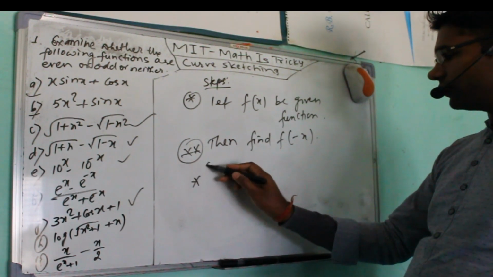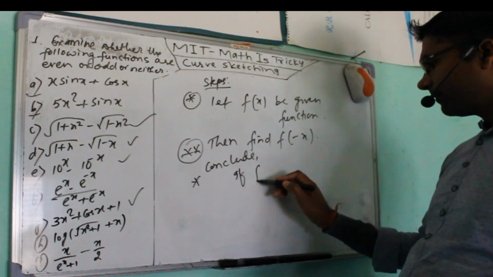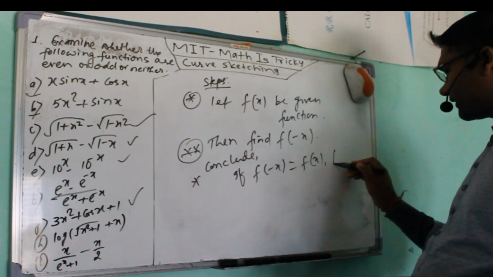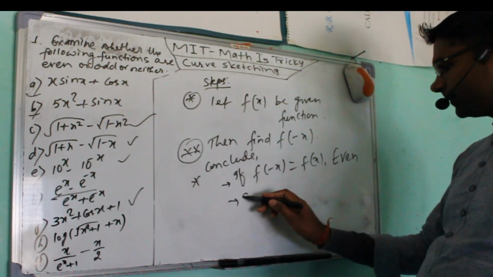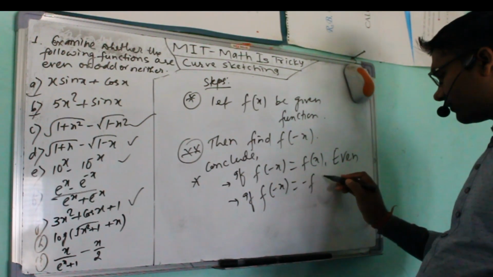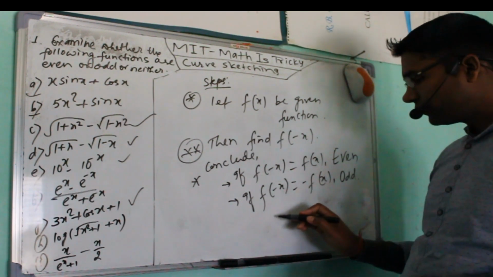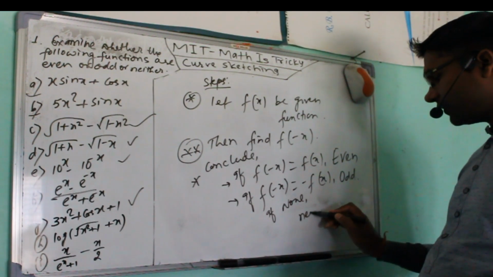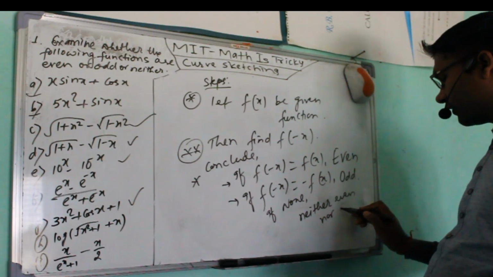Then conclude: if f(−x) equals f(x), the function will be even; if f(−x) equals −f(x), the function will be odd. If neither, it will be neither even nor odd.